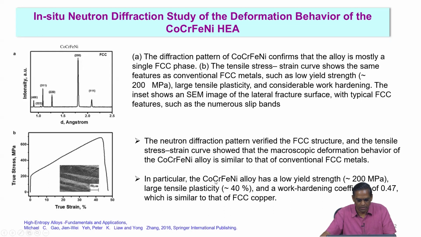In particular, this cobalt chromium iron nickel alloy has a low yield strength, large tensile plasticity, and a work hardening coefficient of 0.47, which is similar to that of FCC copper, which is quite interesting, right. In spite of all this complexity, it behaves like copper.